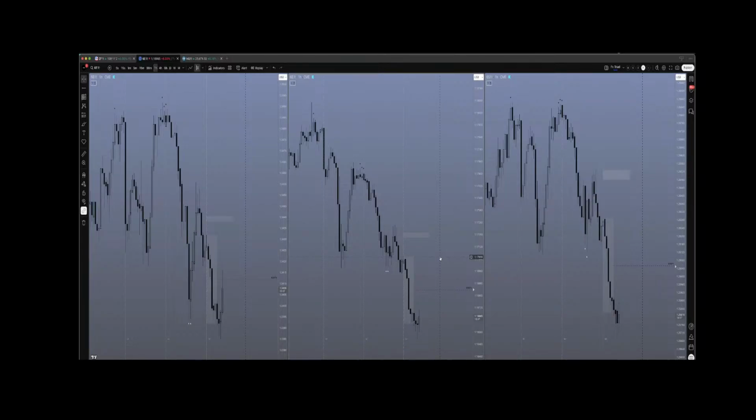Let's see what happens. See what this gives us. I'm going to concentrate on the open, high, low, close here on this candle.